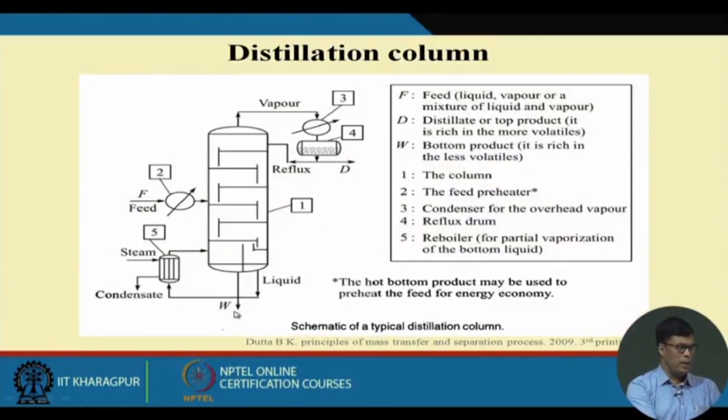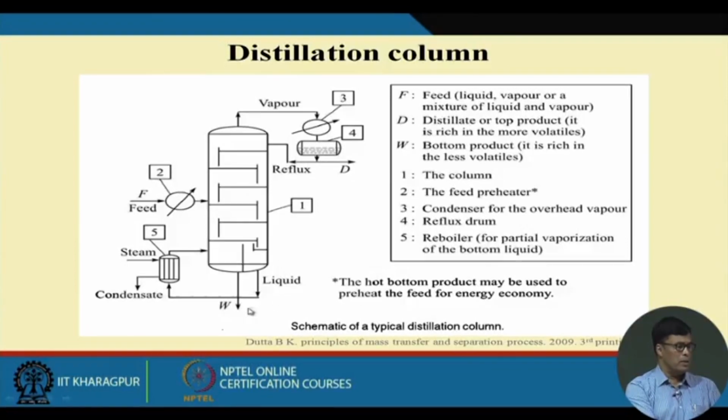So, this is schematically how this process can be explained: we heat this and then pass it through this column, and you can see that we can collect the different fractions. One is the column, 2 is the feed preheater, feed is coming like this, and then the condenser for the overhead vapor, 4 is the reflux drum, and the reboiler does partial vaporization of this.